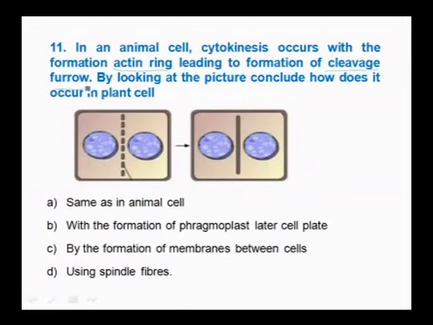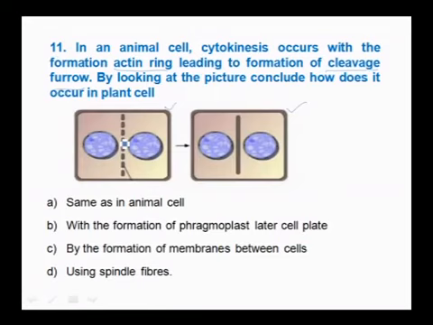Now by looking at the two diagrams which indicate the plant cell, you have to conclude how it happens in plant cell. In the first picture you can see the arrangement of phragmoplast at the center of the two daughter nuclei, and in the second diagram you can see the formation of a cell plate.